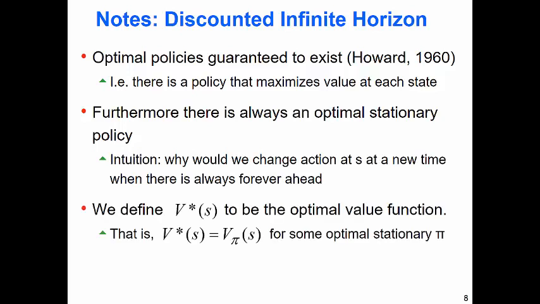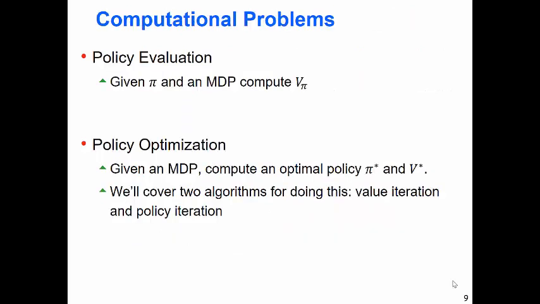And just as some notation, it is very common in the literature to see V star being used to represent the optimal value function. And that means that V star is the value function of the policy pi, where pi is an optimal policy itself.